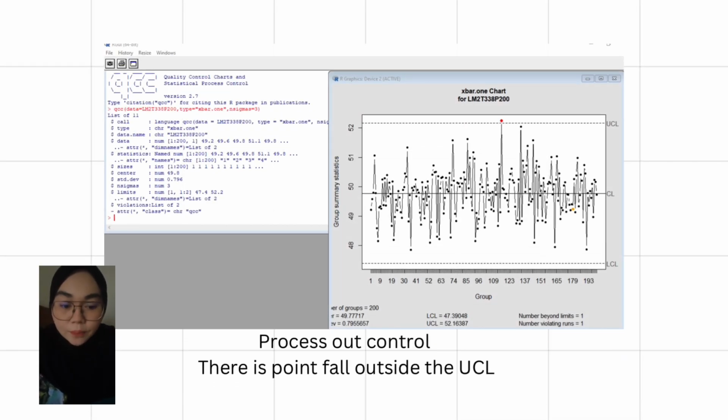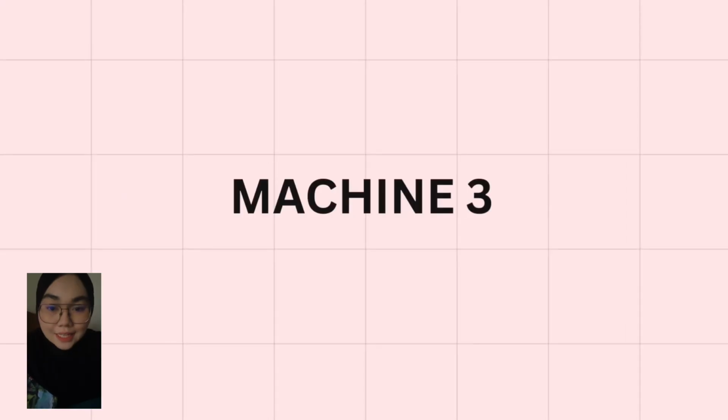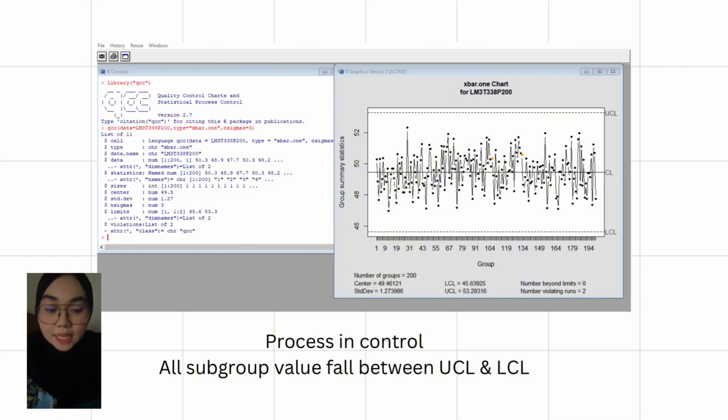We know that the process is out of control and there is a point that falls outside the upper control limit. This is the X bar chart for machine 3. The process is in control. All subgroup values fall between the upper control limit and lower control limit.